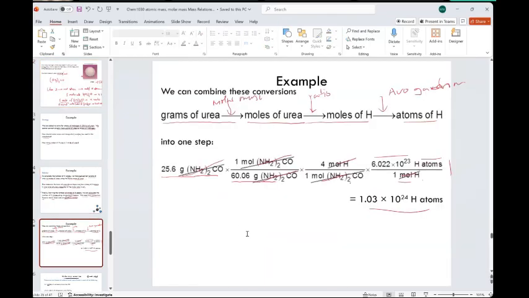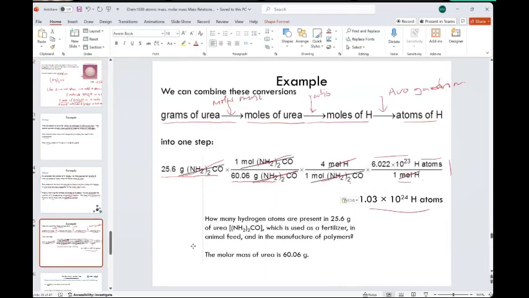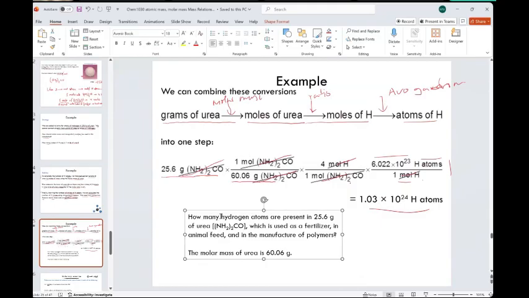Once I understood that, I would challenge myself. Instead of hydrogen, now I would try to find how many oxygen atoms, using just the same values, the same thing, just changing to oxygen instead of hydrogen.